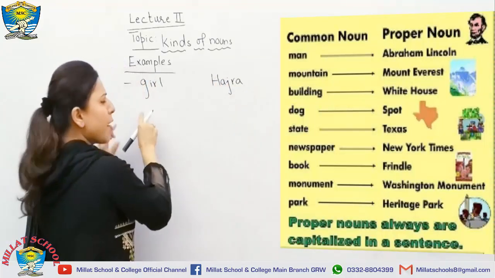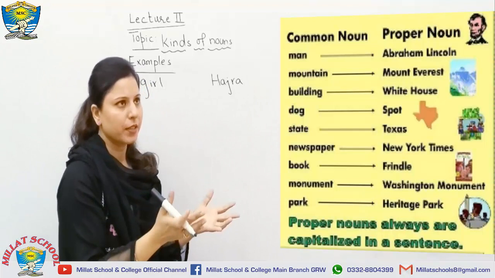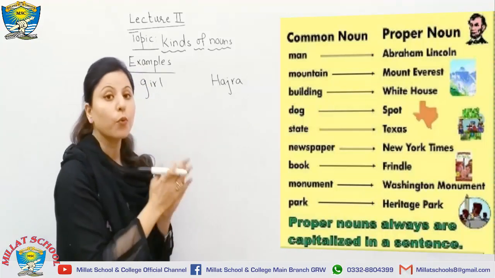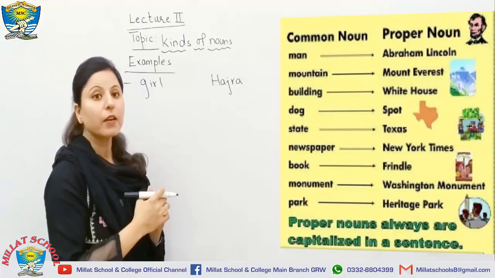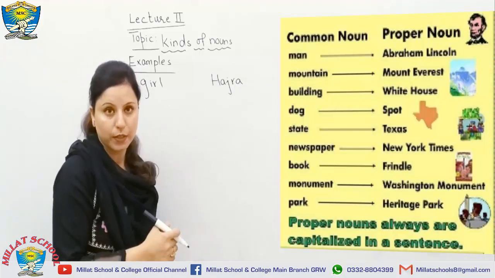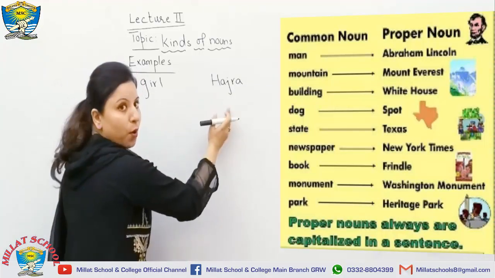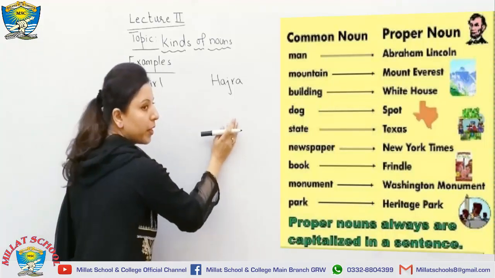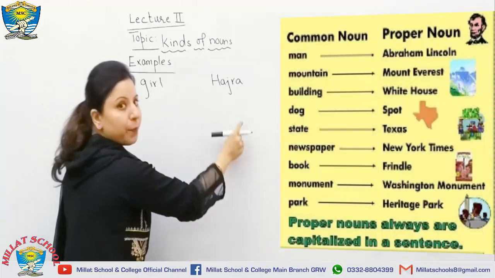Yes, every person is not just a girl or a boy. They have their own identities. They have their own recognition in this world. So the name of a girl or a boy is a proper noun, common and proper.